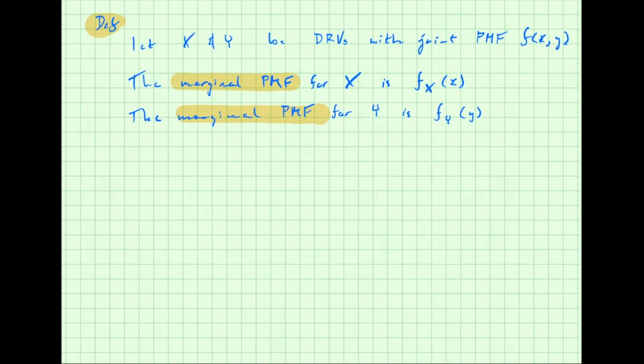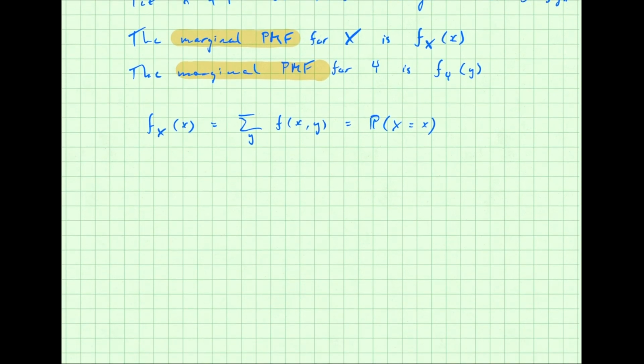Okay, so this guy is what you get if you sum over all the possible y values. I'm using that same shorthand notation again. And that's just equal to the probability that X is equal to little x, because you've summed over all of the possible y values.